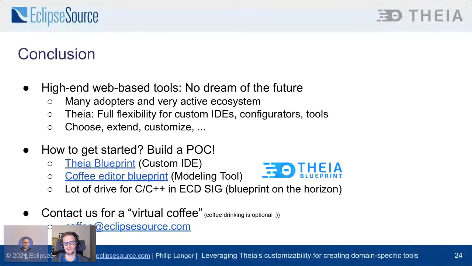And for configuration and modeling tool types of applications, there is the Coffee Editor blueprint that I've just shown before. It's also available open source, so you can start from there and look around the code to see how things are implemented. Also, it's worth mentioning that there is currently a lot of drive for the C++ world in the whole Theia community, in particular in the ECD working group.